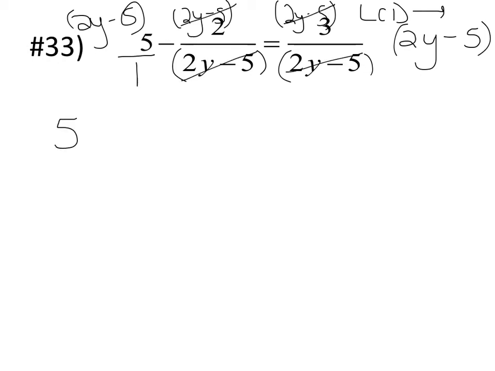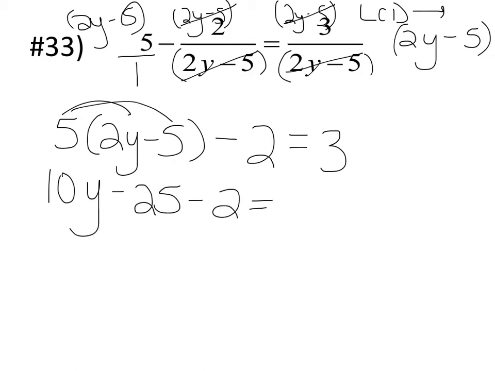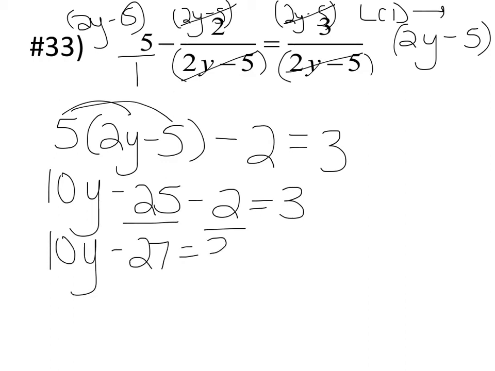So you're left with 5 times 2y minus 5 minus 2 equals 3. Distribute. You get 10y minus 25 minus 2 equals 3. Combine like terms. 10y minus 27 equals 3.